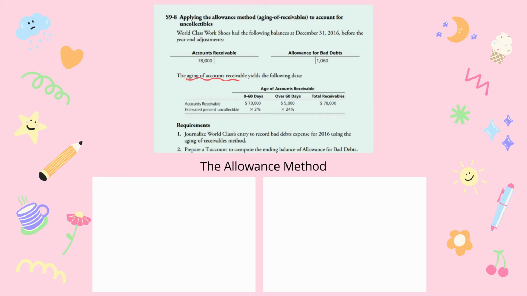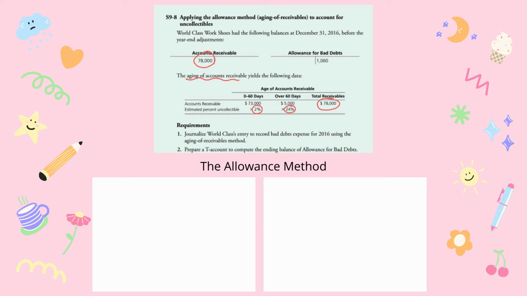Again, this is the accounts receivable, 78,000. How am I going to collect them? From 0 to 60 days, I should collect 73,000, but the uncollectable percentage is 2% of this amount. Over 60 days, I need to collect 5,000, and 24% is estimated to be uncollectable.